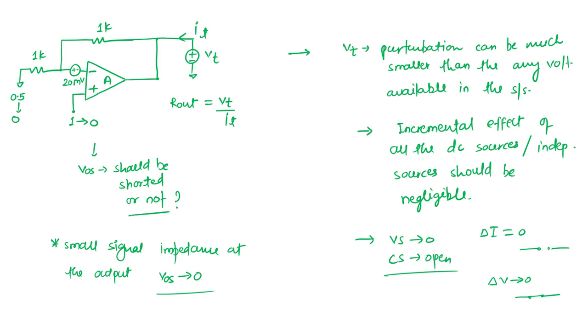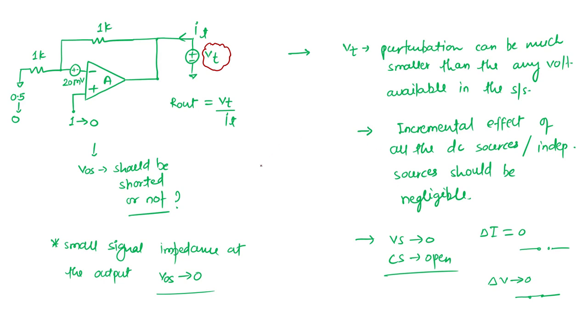So this thing we have seen here, and why should we consider this offset voltage to be open, or should it be considered or not? I mean to say, when we calculate the output impedance, we are applying a perturbation, like a small voltage change, and we observe the current. That particular thing can be very small. So I need not consider any particular DC voltage inside the circuit when calculating the impedance at any node.